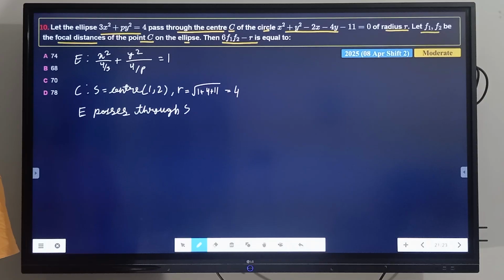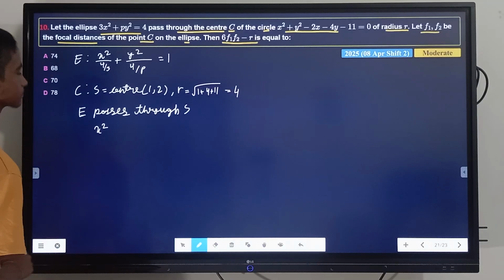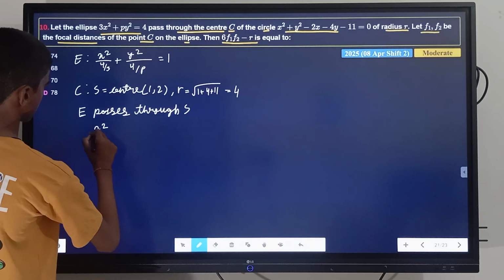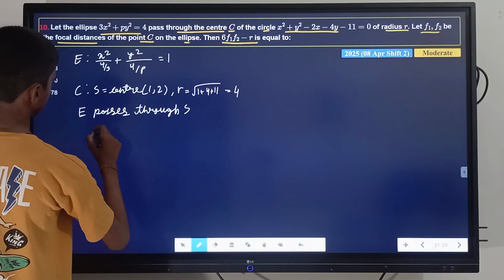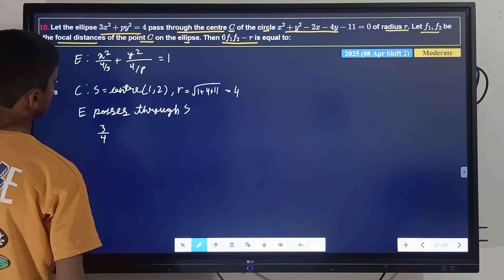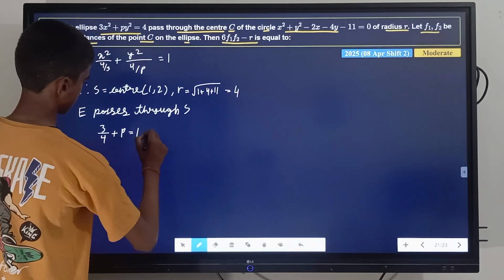So from here we will get, 1 by 3 by 4 and 4 plus p is equal to 1.